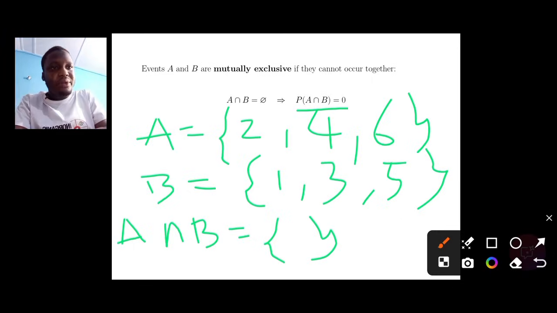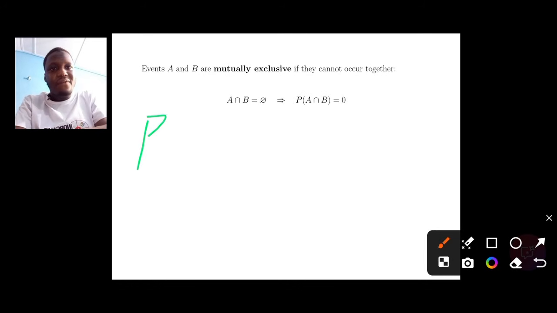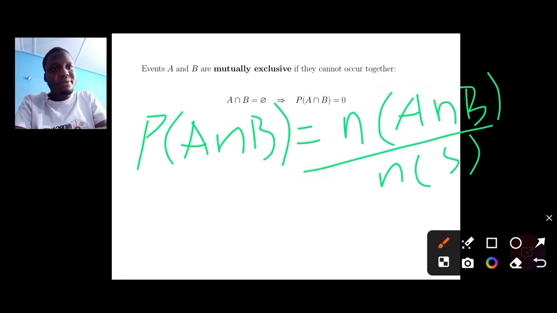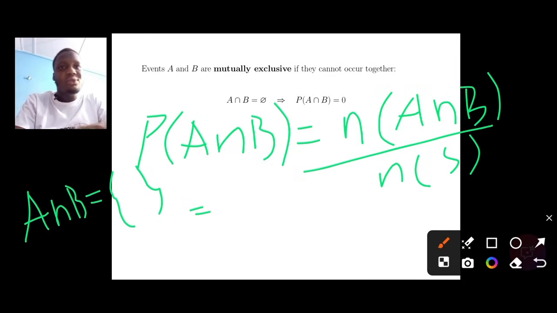And remember, to determine the probability of an event, it is the number of outcomes over the sample space. And here is the case, we are getting an empty set. We saw A intersection B to be empty. In that case, the number of elements in A intersection B is 0.